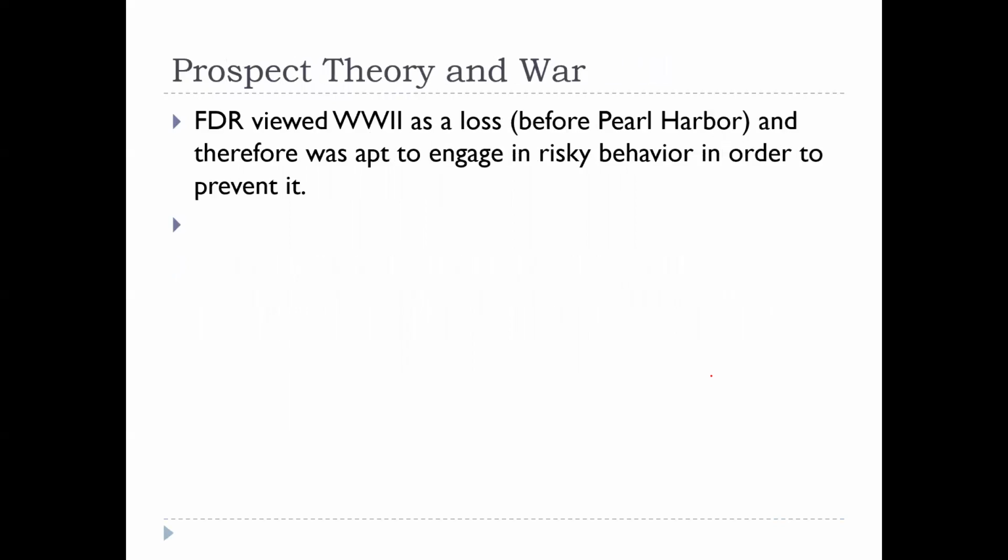This can be applied to different events. So FDR viewed World War II as a loss before the US entered, and therefore was more apt to engage in risky behavior, specifically the Lend-Lease Agreement with the UK and the embargo on Japan.